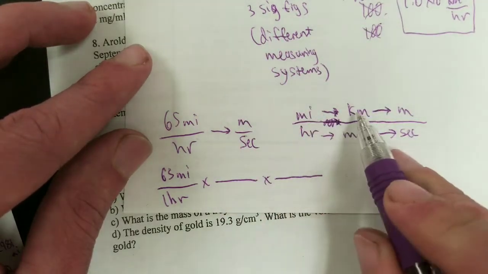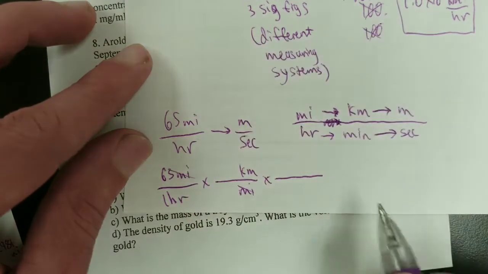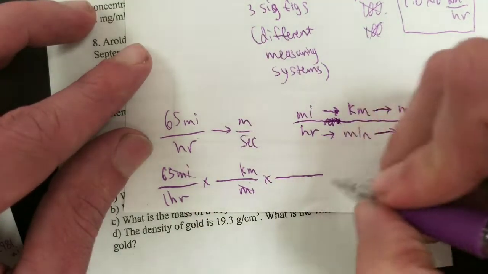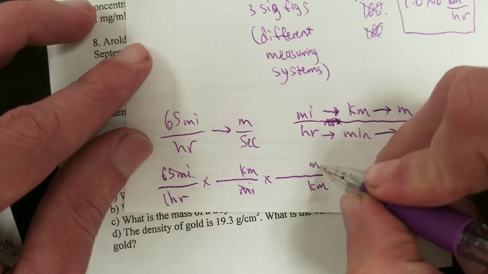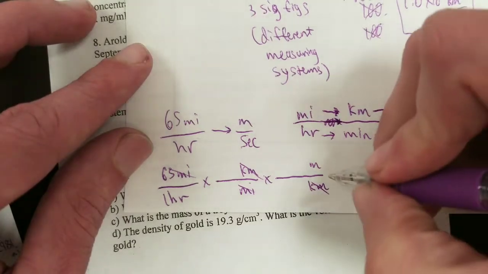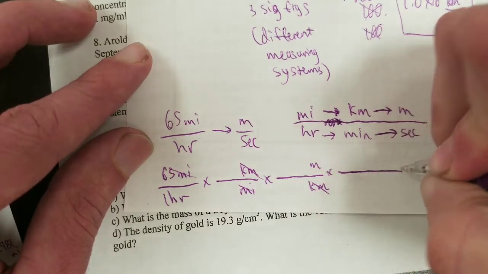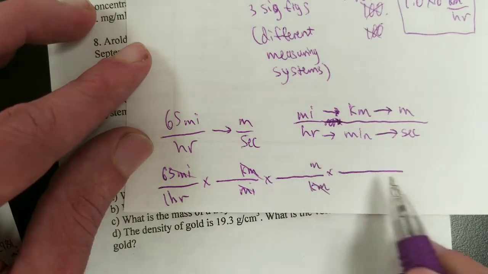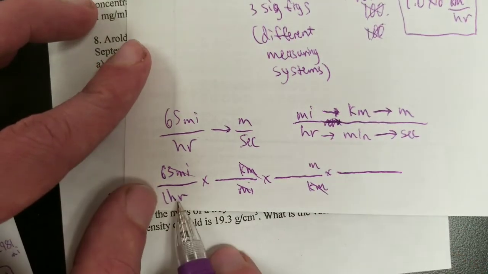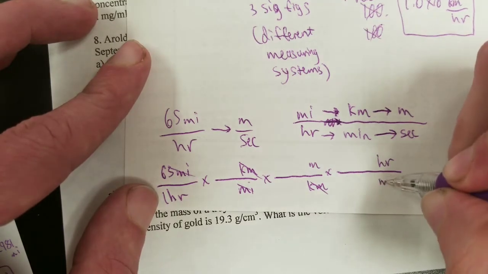So from miles to kilometers, miles cancel. And from kilometers to meters, kilometers cancel. Meters will now be part of the final unit. Now let's do the bottom ones, from hours to minutes. Oh, don't put hours on the bottom yet. Look, hours is down here. If you want hours to cancel, it's got to go up here, which means minutes goes down here.